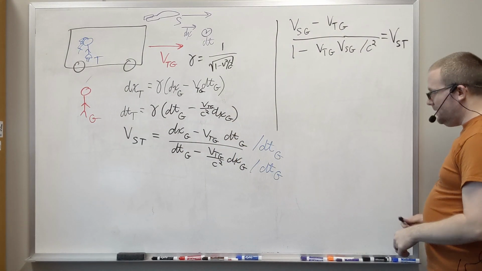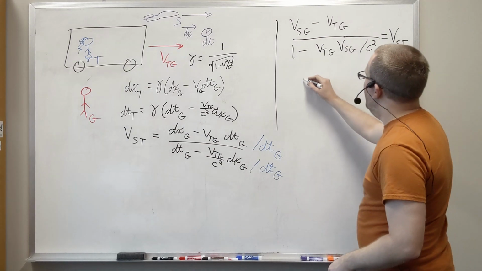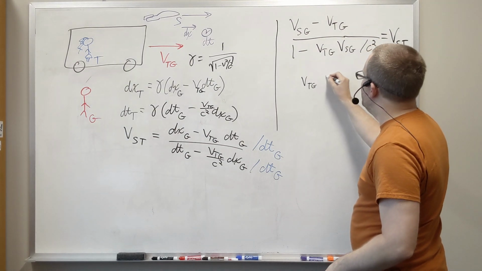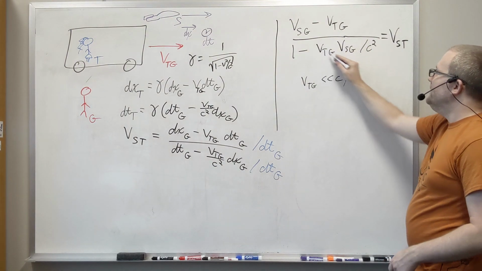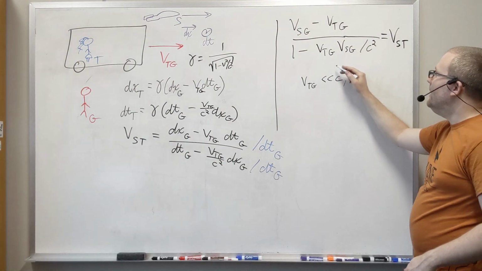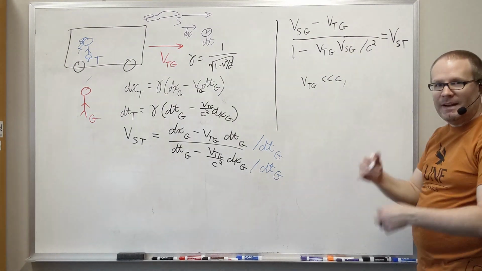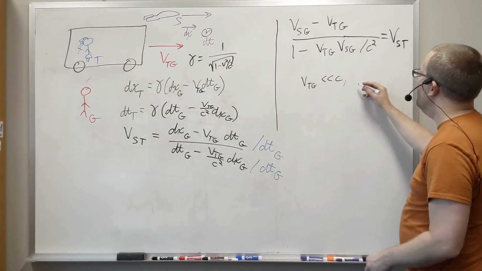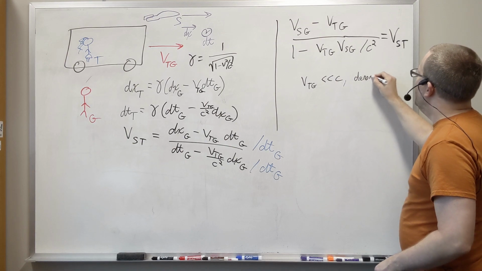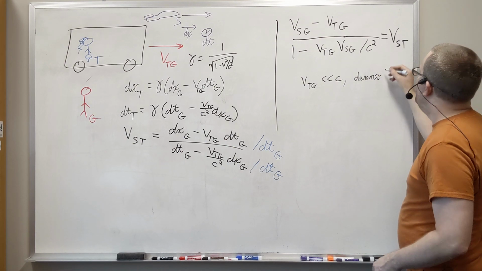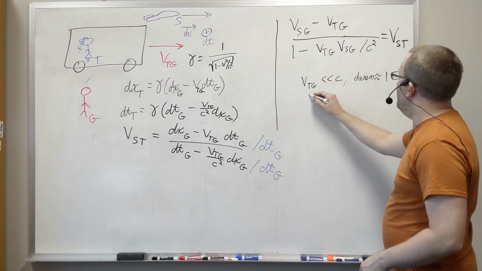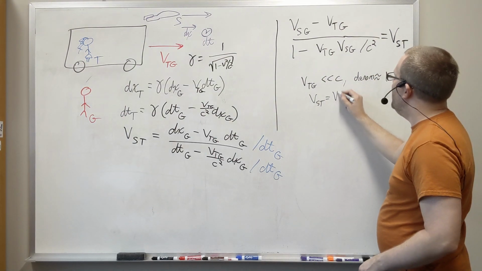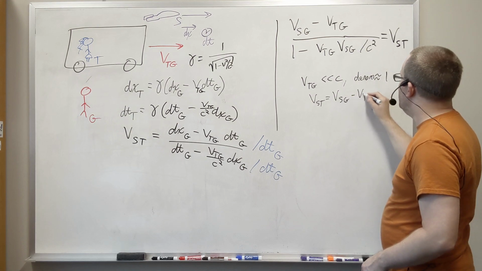Let's take a look at this thing piece by piece. If our VTG was much, much less than c, then this thing in the denominator is basically 0 because it's so much smaller than c squared, right? C is this enormous number and it's getting squared. So the denominator is going to basically be 1 because it's going to be 1 minus a very, very small number. And so that means VST is going to be VSG minus VTG.